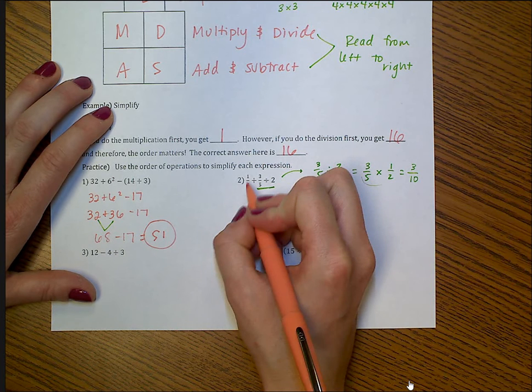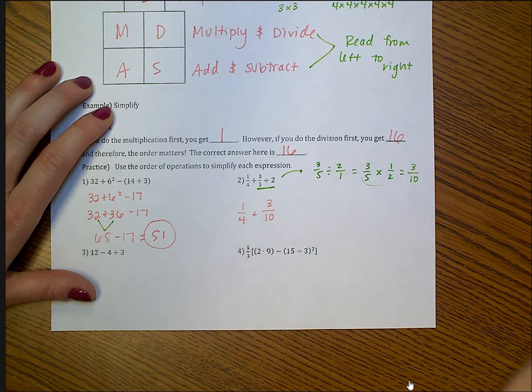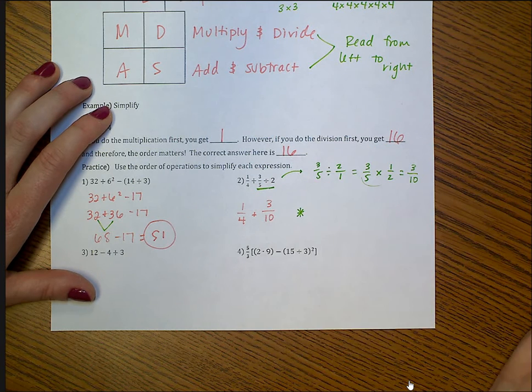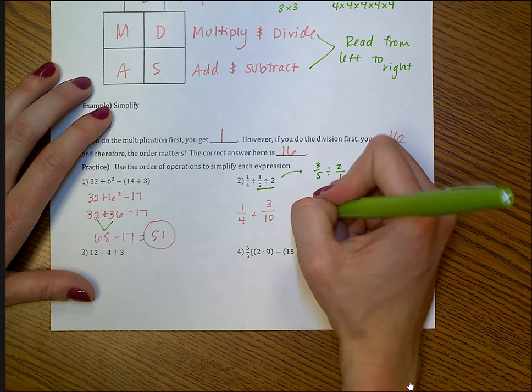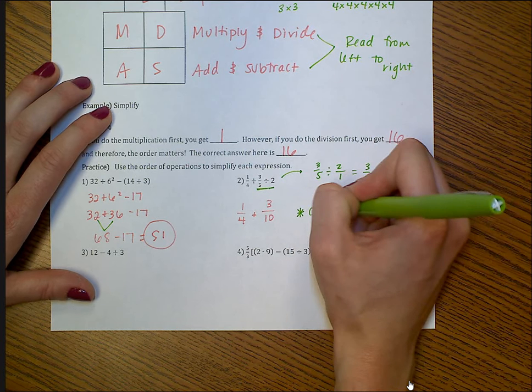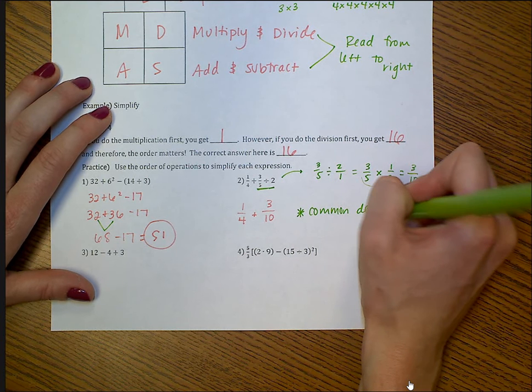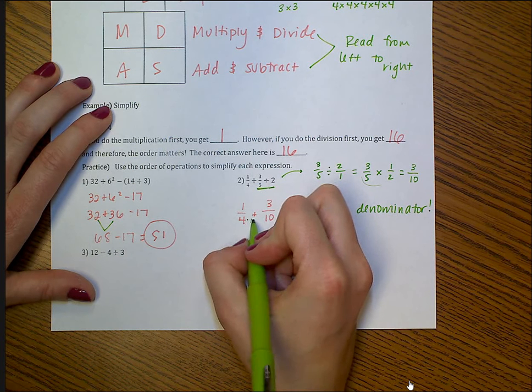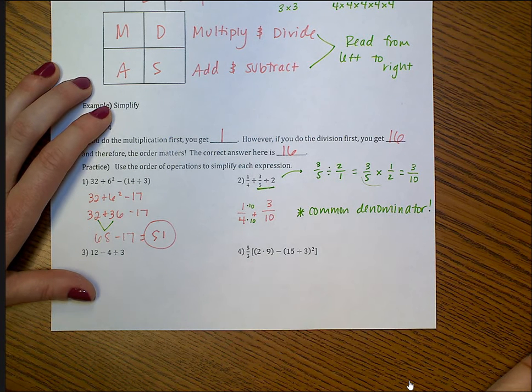Bring down the 1/4 and the plus sign. Ooh, we're really testing your skills here. Now when I'm adding fractions, remember I need a common denominator. And I'm going to go for 40 just because it requires the least amount of thought.